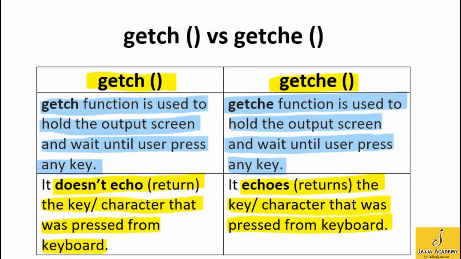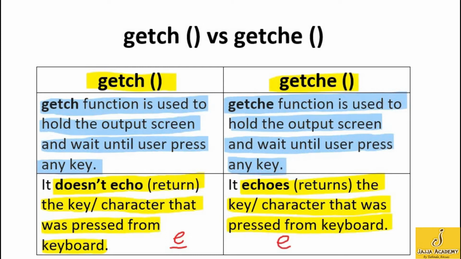For example, while using the getch function, I pressed the E letter from the keyboard. The getch function received this E letter, but it didn't return the E letter on the output screen. But if I use the getche function and I press E from the keyboard, then the getche function will return the E letter on the output screen.